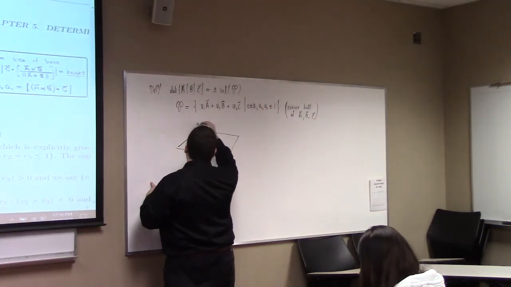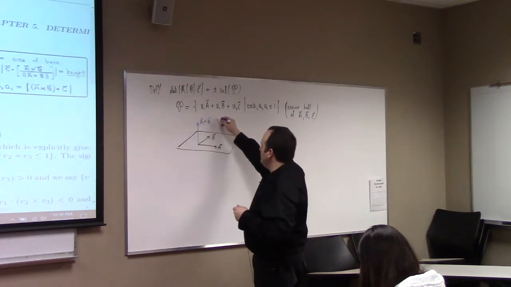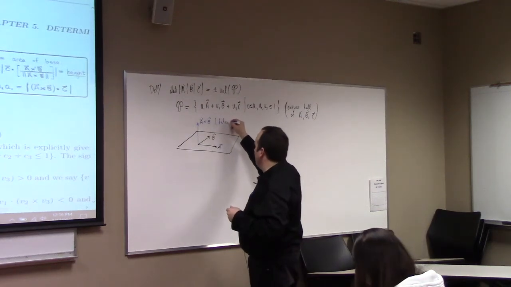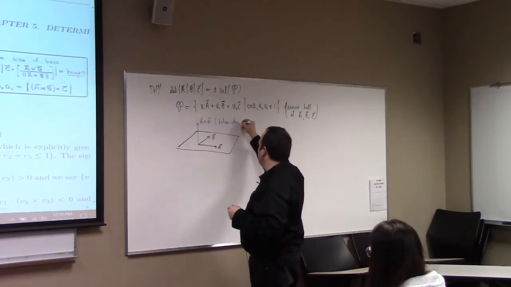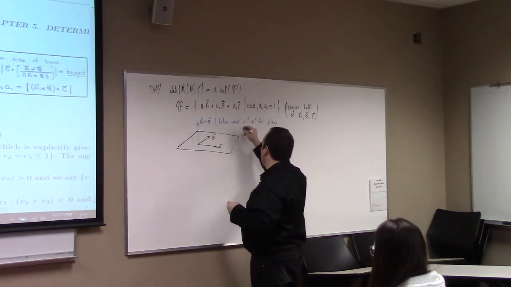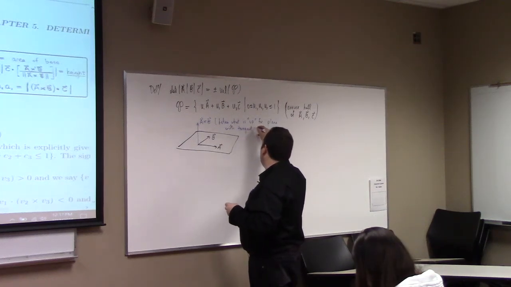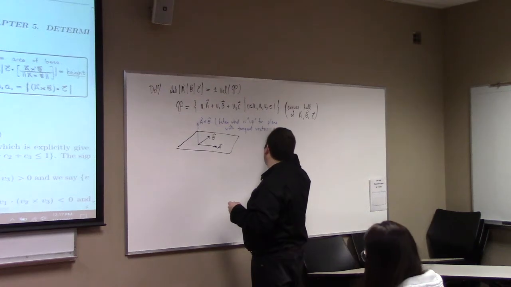Something like this, right? By the right-hand rule. So this basically defines what is up for the plane with tangent vectors A and B.